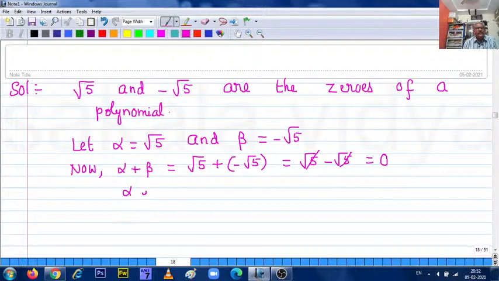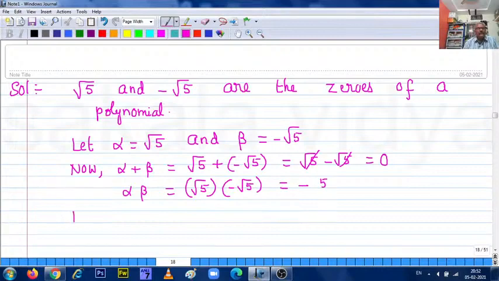Next, alpha beta. Alpha beta means root 5 multiplied with minus root 5. So 9th class children, 10th class children, observe, plus into minus is minus. Root 5 into root 5 is 5. That is minus 5.